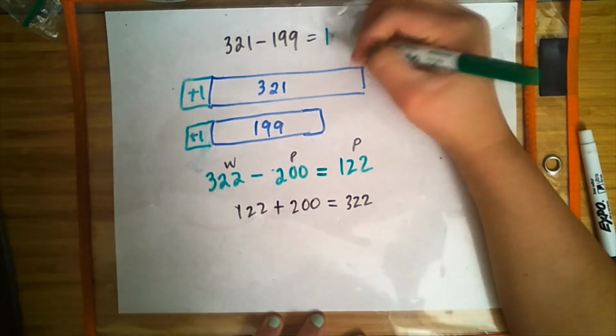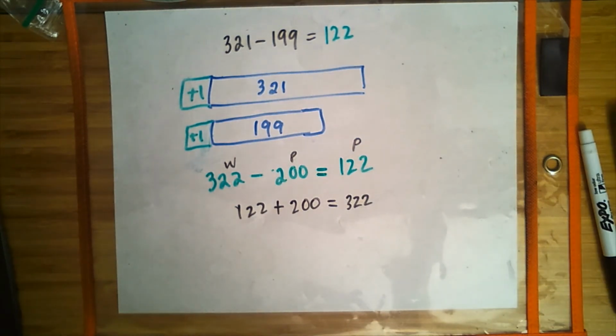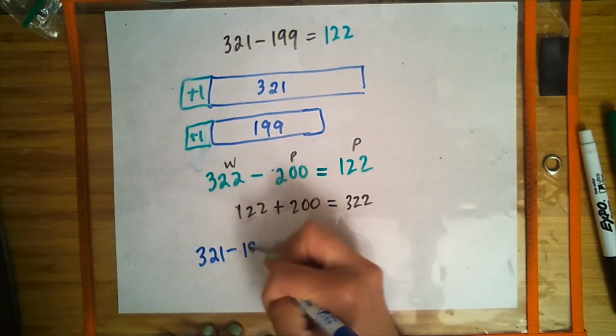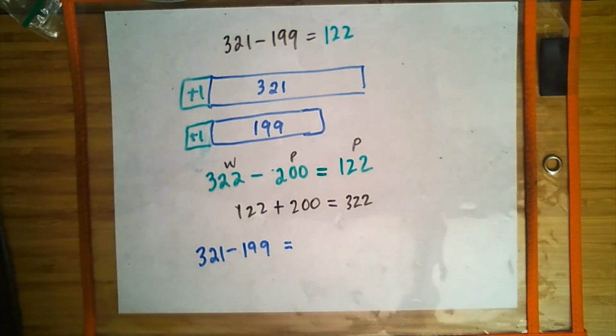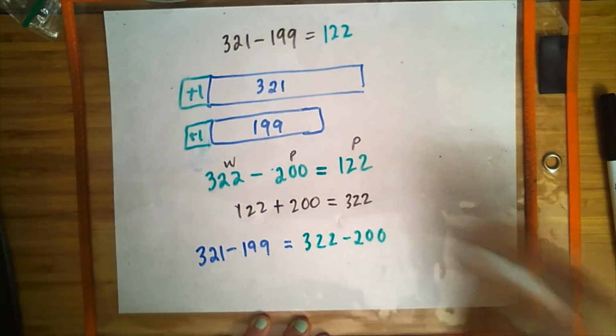let's not forget to write our solution at the top for our original number sentence. Remember, our compensation strategy is a simplifying strategy. So then that tells me that my original number sentence of 321 minus 199 is the same thing, or equals, let me write it in green, 322 minus 200.